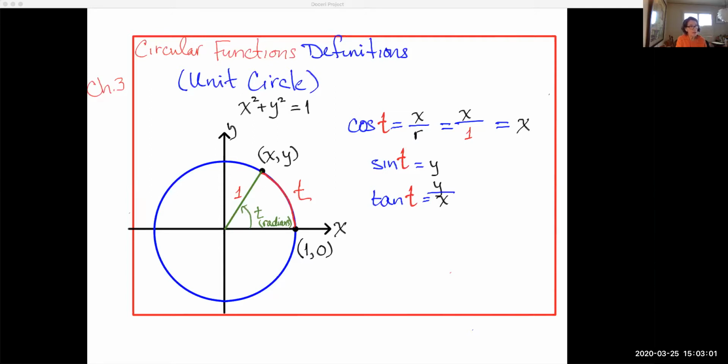So it's y over x. So these are just like the chapter 1 definitions of trig functions of an angle, but now we're calling them trig functions of a distance, but it's the same thing because we're using the unit circle. And what's nice is the unit circle makes r just 1, so we can just forget about it.